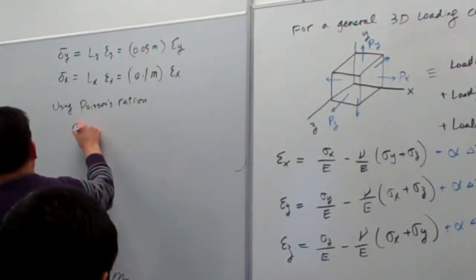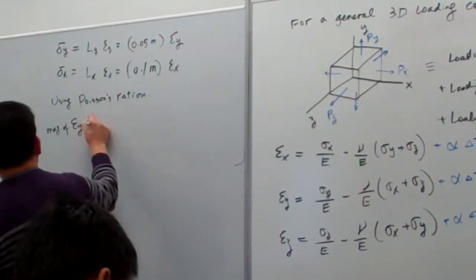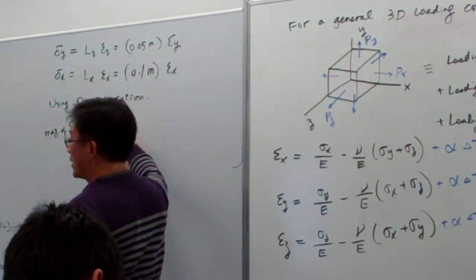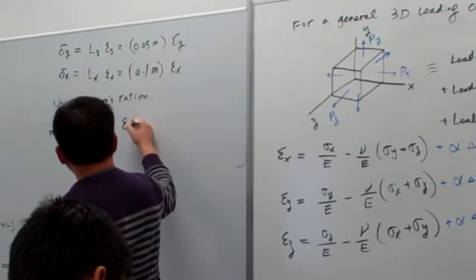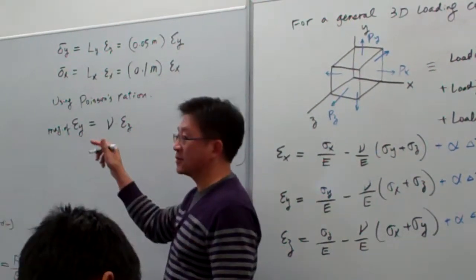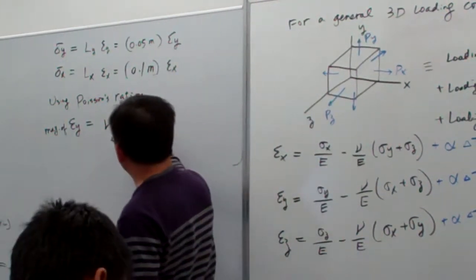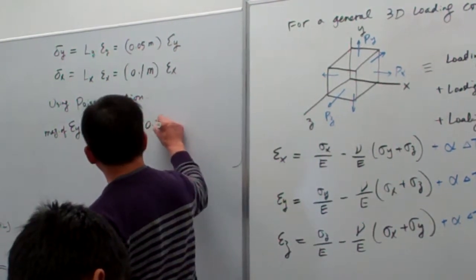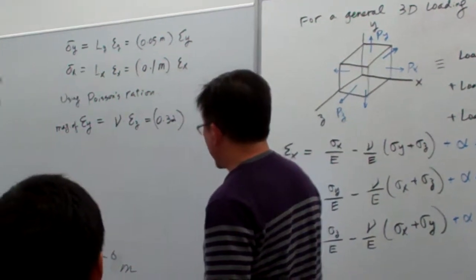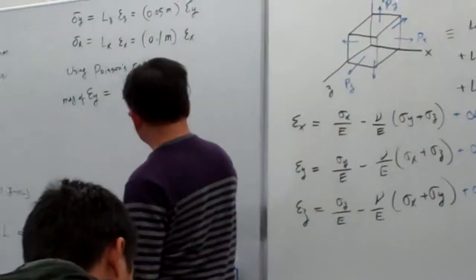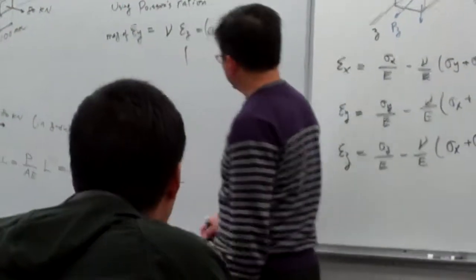The magnitude of epsilon y equals the Poisson ratio multiplied with the axial strain. Right now z is our axial direction, so the axial strain is epsilon z, and the Poisson ratio is 0.32. What is the axial strain? Here we can do a quick calculation.